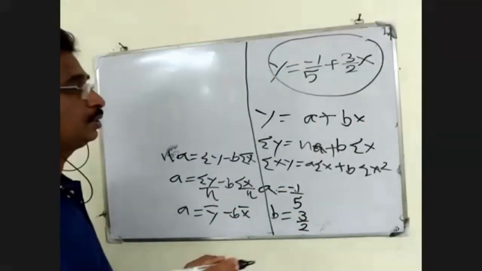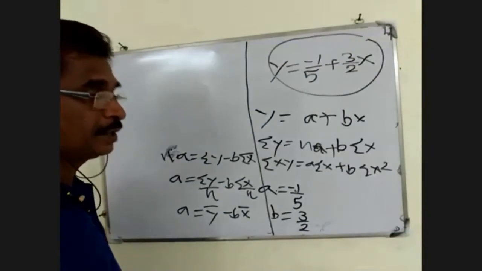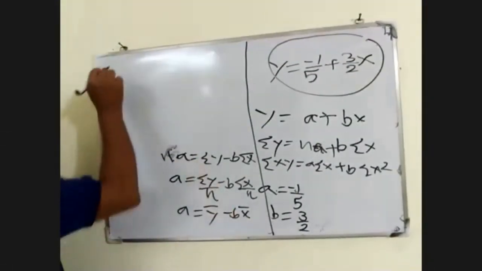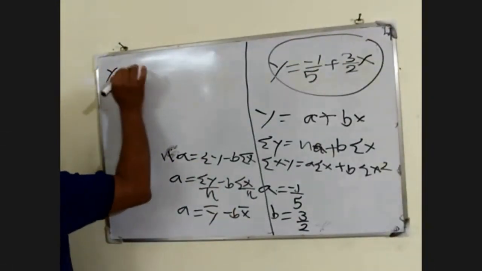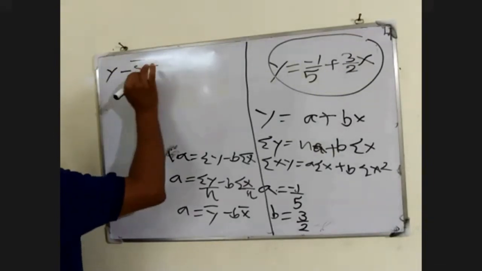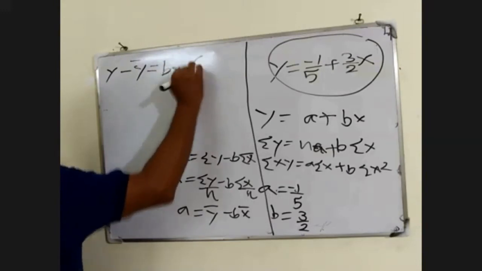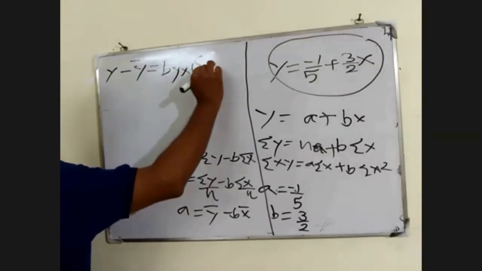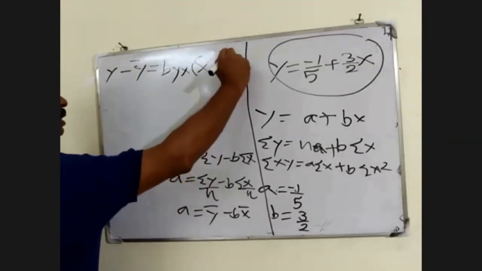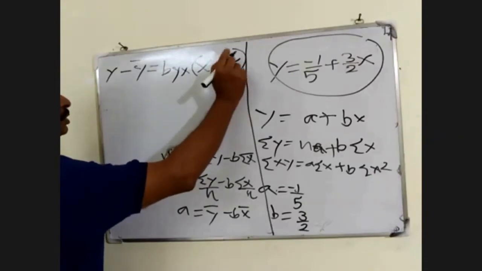The regression equation of y on x, in another or second form, is y minus y bar is equal to byx into x minus x bar. This method of doing the problem is easy for you.